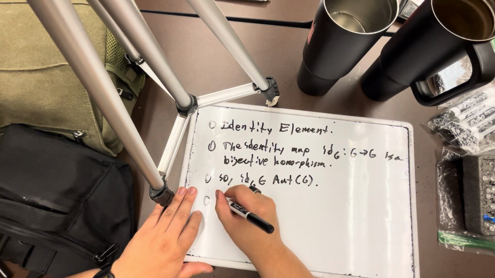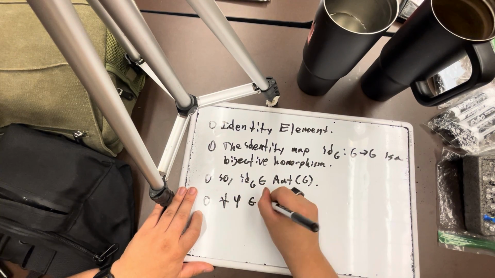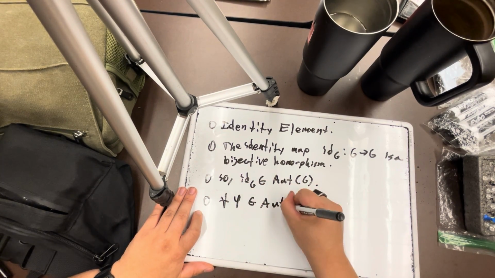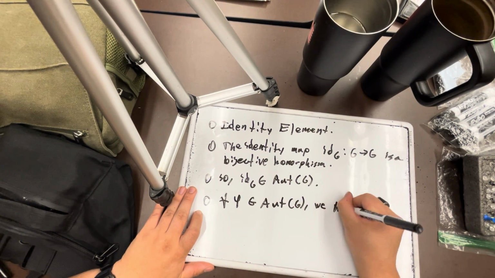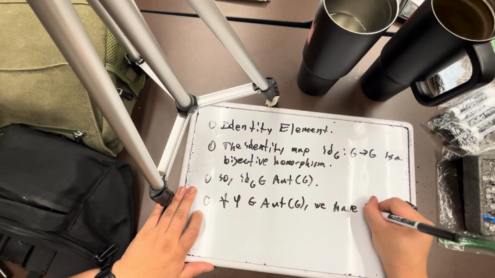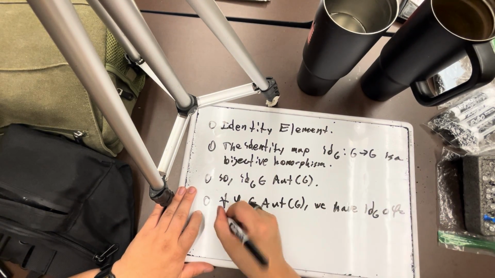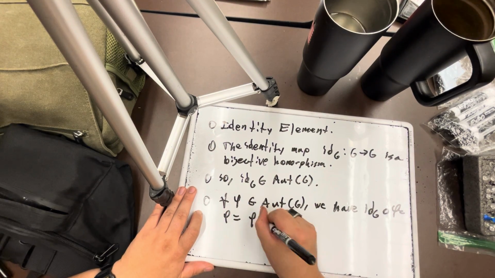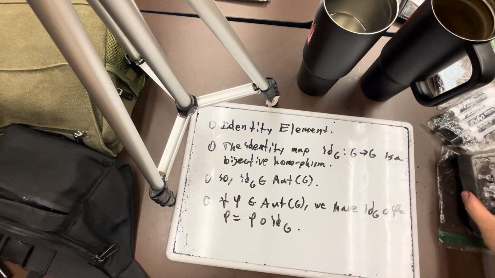And for any phi contained within Aut(G), we have that the identity of G composed with phi is equal to phi, which is equal to phi composed with the identity of G. So we have ourselves an identity.